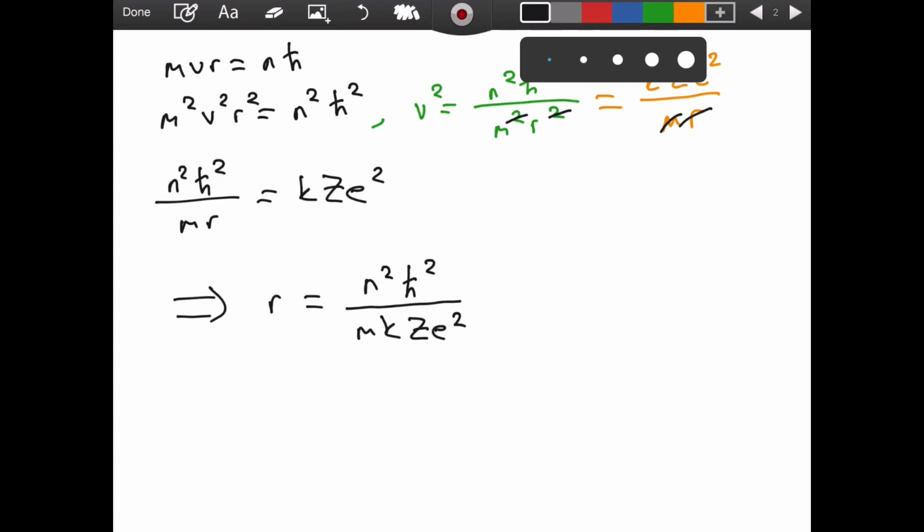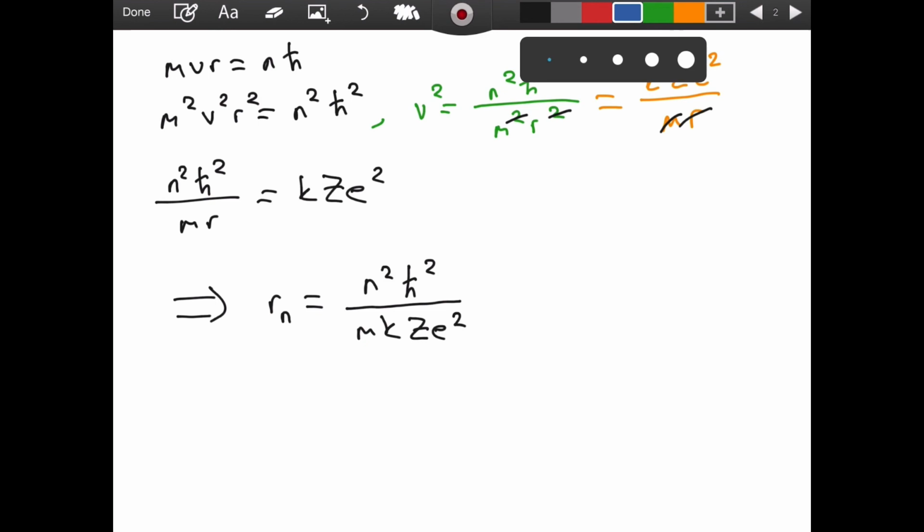And oftentimes we put a subscript n here because n is the only thing that can change in this formula. I mean, it is a constant. Yeah, it is a number, but it could be 1, 2, 3. It is just a positive number and can change. However, h bar, mass of the electron, k, Coulomb's constant, z, e squared, they can't change, okay?